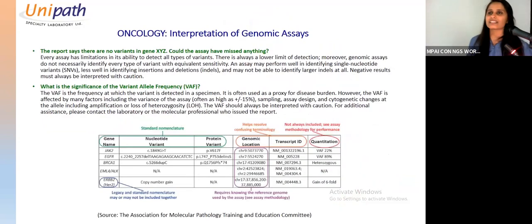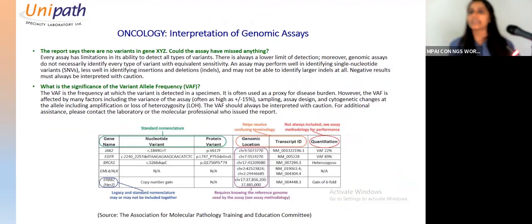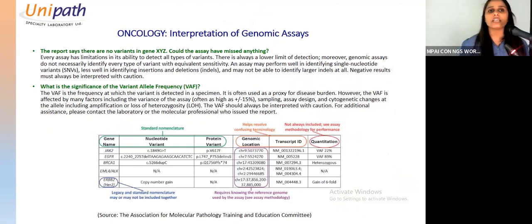Now, a few questions. It's like when you get a report from any company and it is negative. The first thing you need to check is whether the gene you have given is covered by the assay. Is that gene a part of the data? If yes, then how sensitive is that assay? Is it sensitive enough to capture the long deletions and insertions, which are the main problem causing that particular disease?